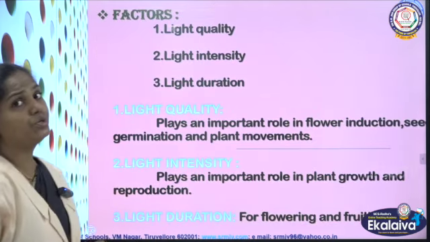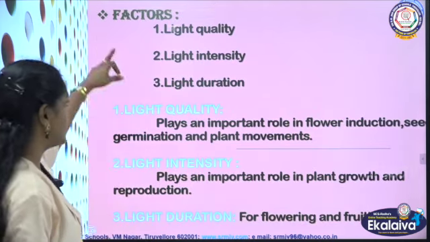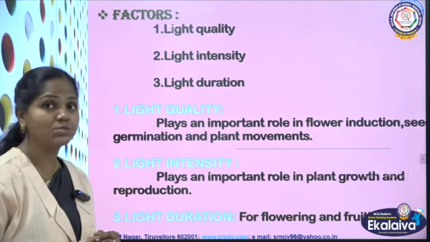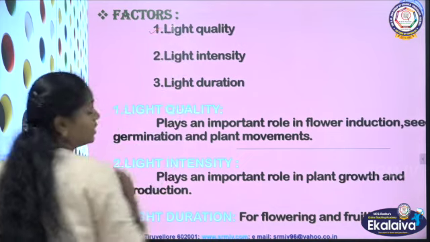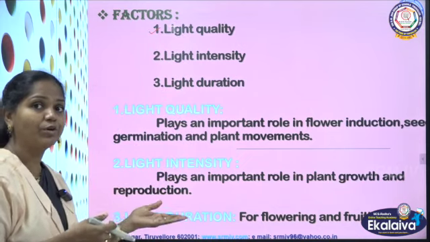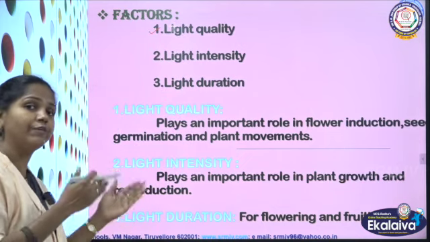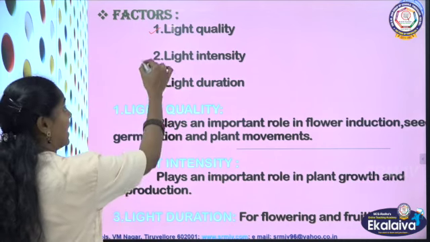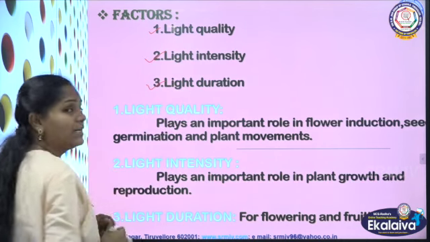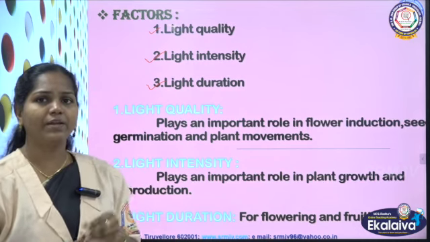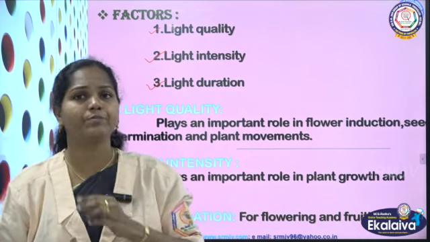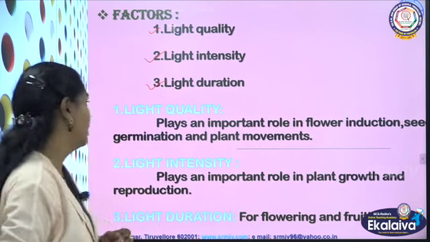Now when you talk about sunlight, these are the three important factors we have to see. The first one is quality of sunlight. I told you how it varies between heliophytes and sciophytes. Then light intensity, then light duration, and each factor has its impact on different processes of plant life.